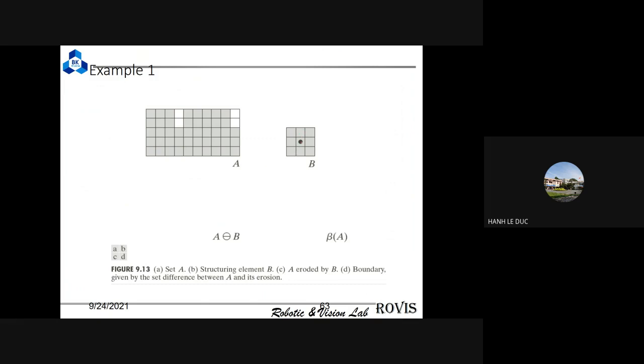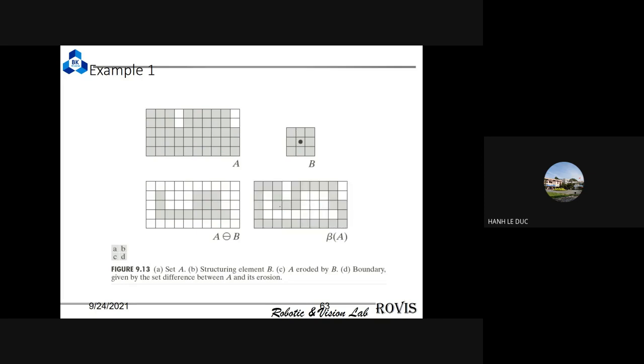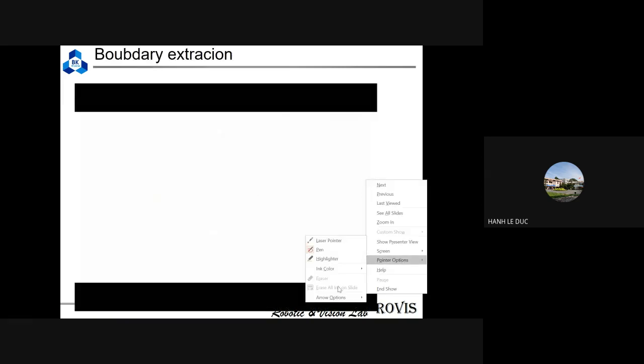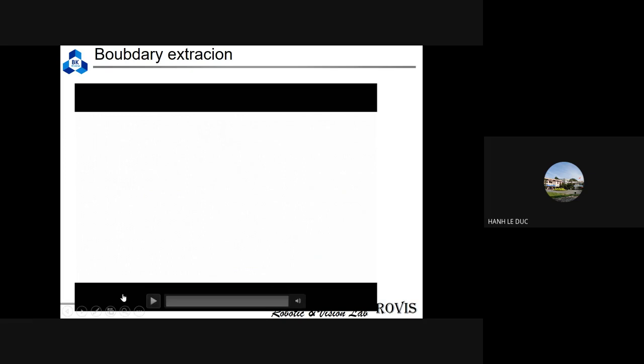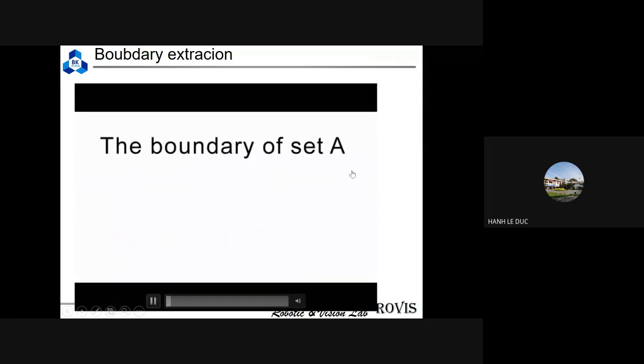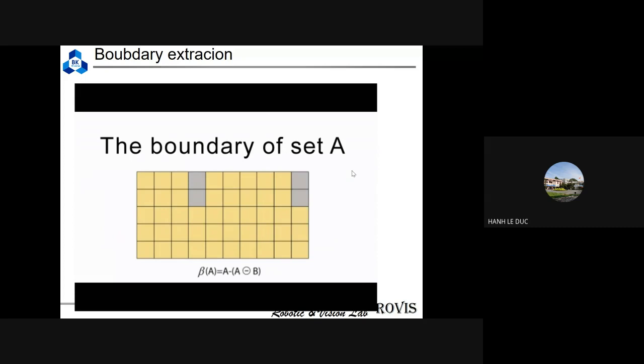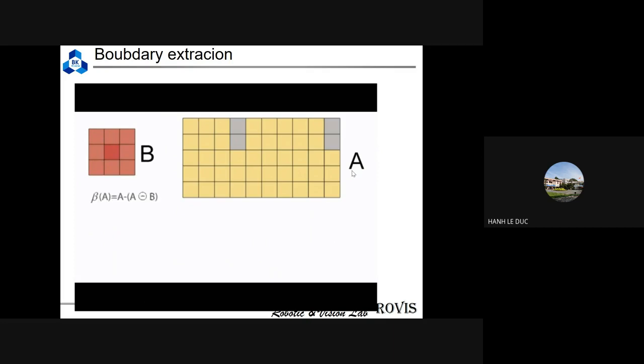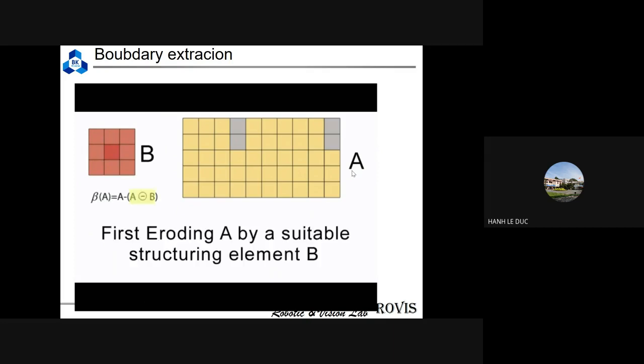You erode with the kernel here, and then this is the result, and then this one minus, and then you have this one. Okay, let's see the animation for clearer. First we erode, right?